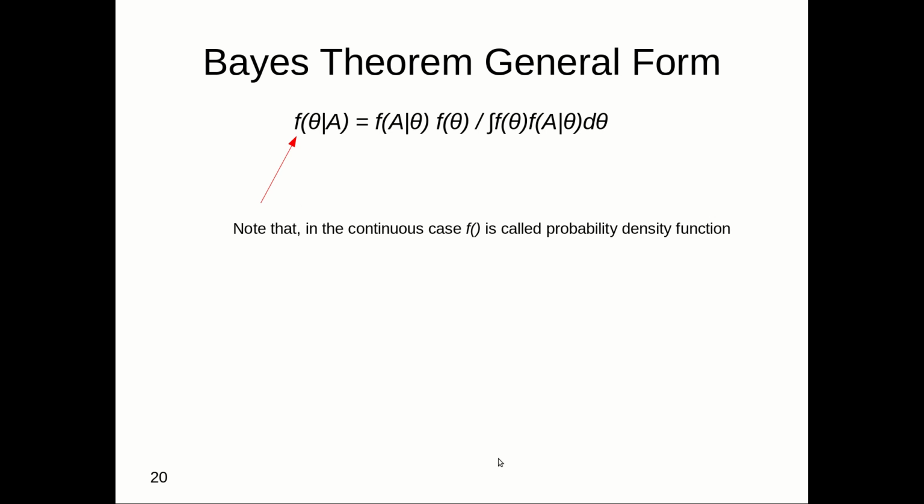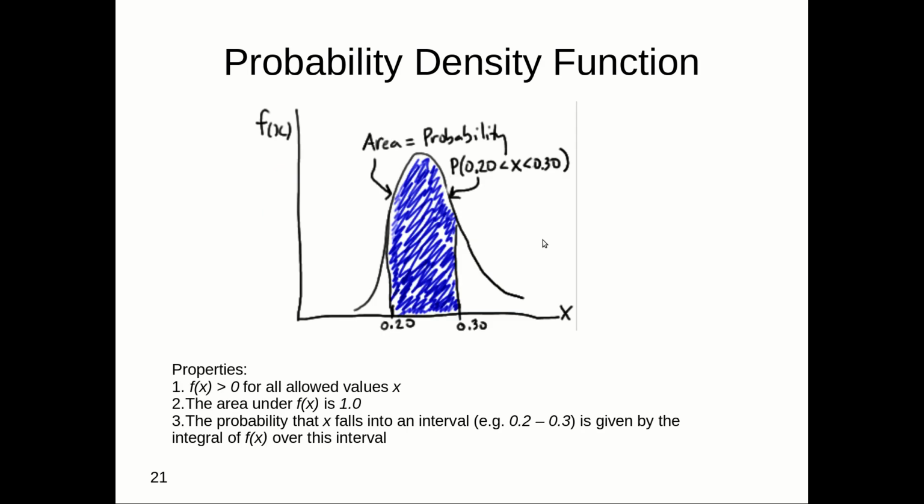Right, so what I already said is that this function f in the continuous case is called probability density function. Maybe just a small reminder of what a probability density function actually looks like. So here we have our parameter x, and then on the y-axis we have our probability density function.